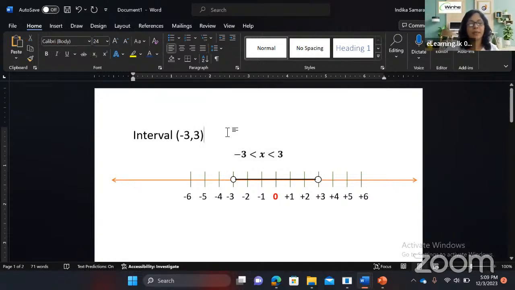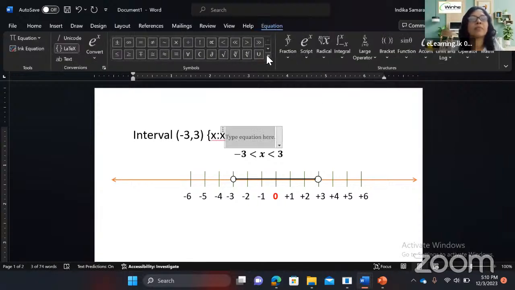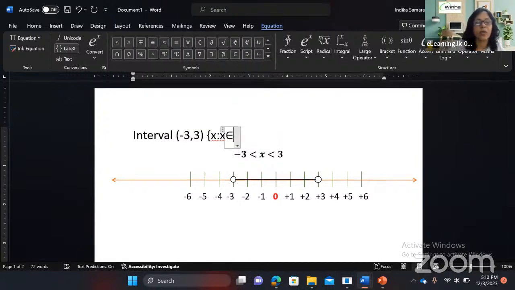If you write it in set notation, how do we write it? Within curly brackets, x such that, x belongs to R, x greater than -3 and less than +3.